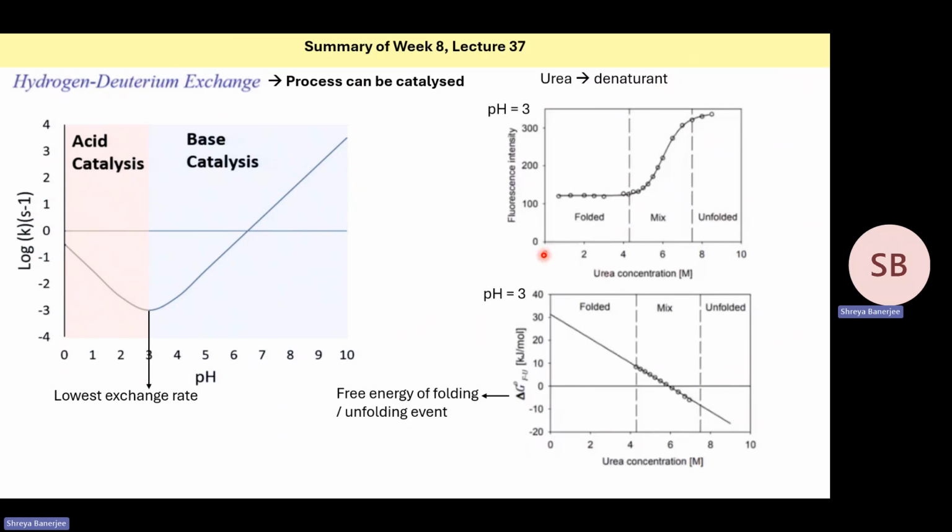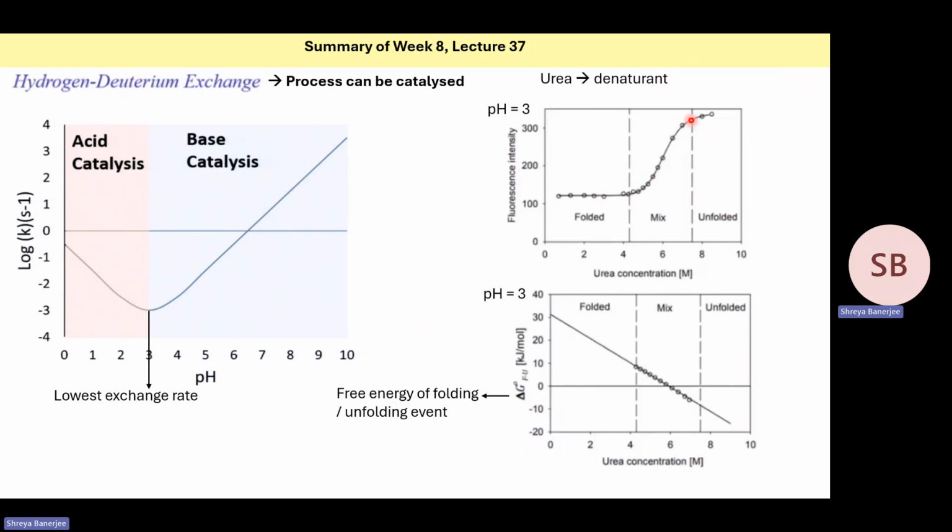So initially, the concentration of urea is 0, protein is completely folded. You are gradually increasing the concentration of urea. When it crosses, say around 4.1, 4.2, the unfolding begins. As you increase the concentration of urea from 4 to around 7.6 or so, unfolding happens.